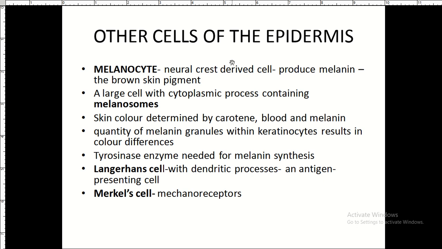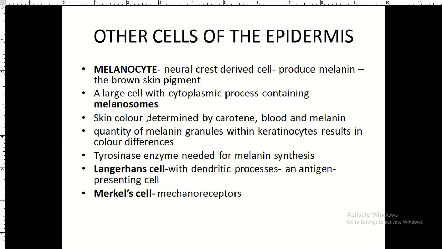The quantity of melanin granules within keratinocytes results in color difference, not the number of melanocytes. So you can actually have someone with the same number of melanocytes, right? So skin color is determined by the melanin granules quantity, not the number of melanocytes.